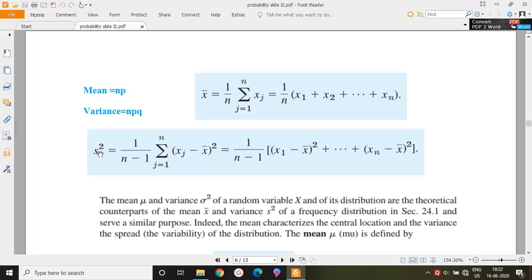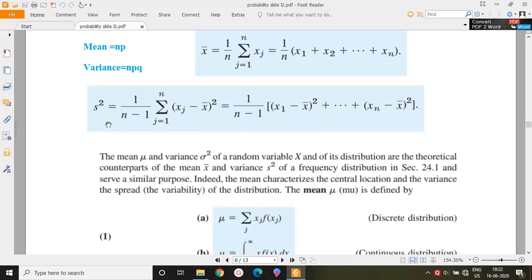And the standard deviation square, which is also known as variance, sigma square, is 1 by n minus 1, where n is the total data, into (x1 minus x bar) square plus it continues up to (xn minus x bar) square. So this is your variance for a set of data.